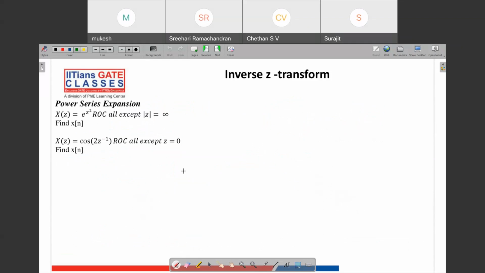Now let's say that we have a problem where we have been asked to find out the x of n, and this is the x of z. For this particular x of z, the inverse z transform is not already known. This looks very different from whatever signals we have seen till now. So what we have to do is expand it, and then we can calculate the x of n.